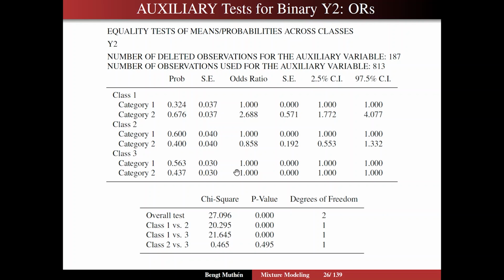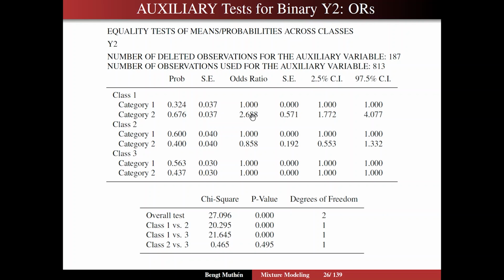So for instance, if you look at class 1, you have the odds here of being in category 2 versus 1 as 0.676 divided by 0.324. For class 3 it is 0.437 divided by 0.563, so a much smaller ratio, much smaller odds rather. And if you take the ratio of the first to the last, you get this odds ratio 2.688. You may want to try that.